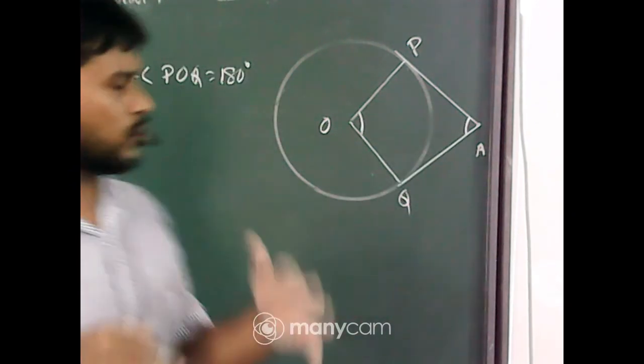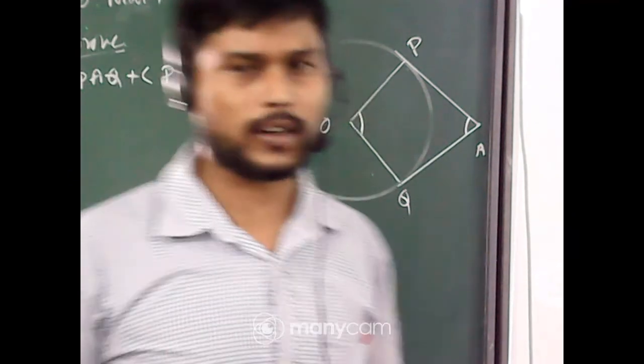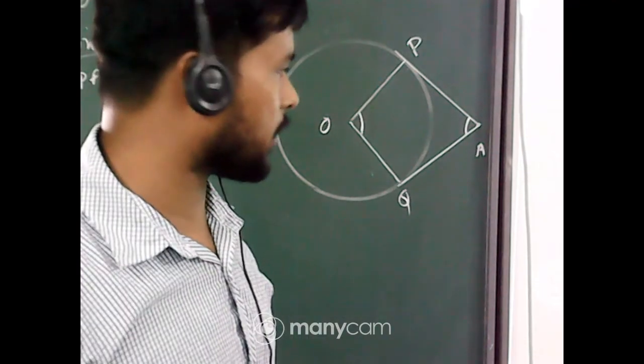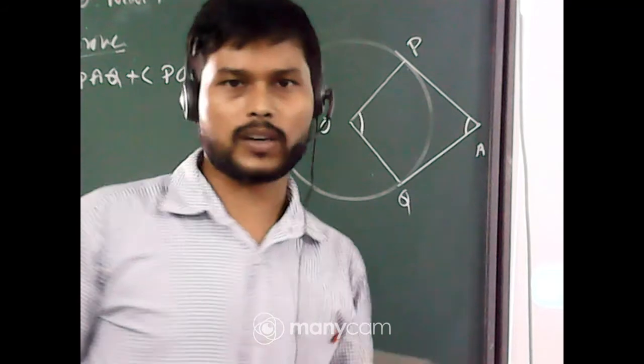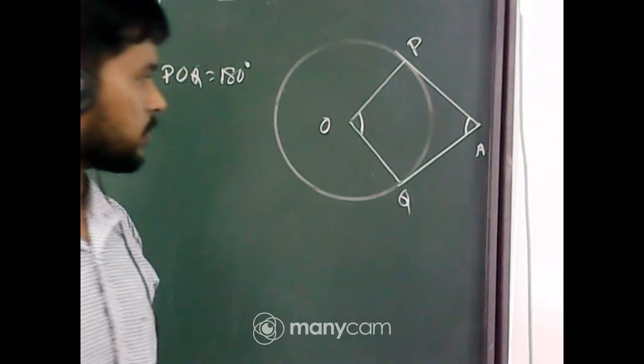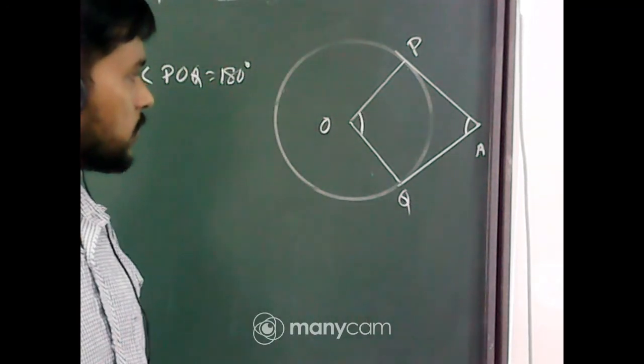Okay, now try to remember the angle sum property of a quadrilateral. What is the angle sum property? If you add all the angles of a quadrilateral, what is the sum? 360. Yes.